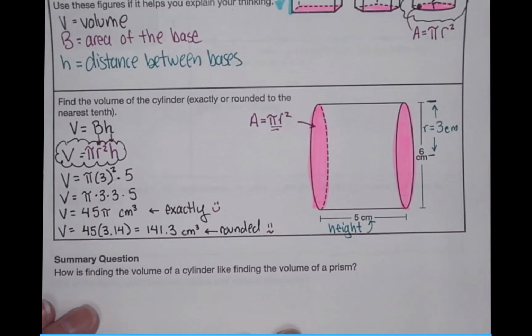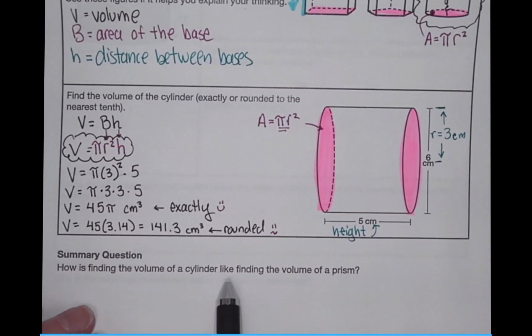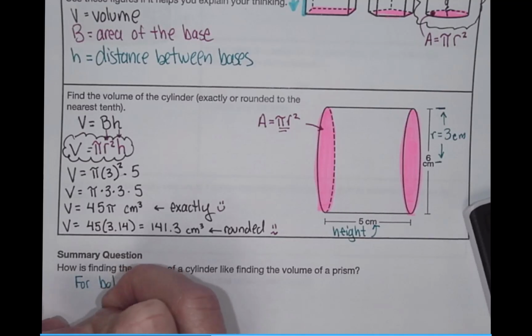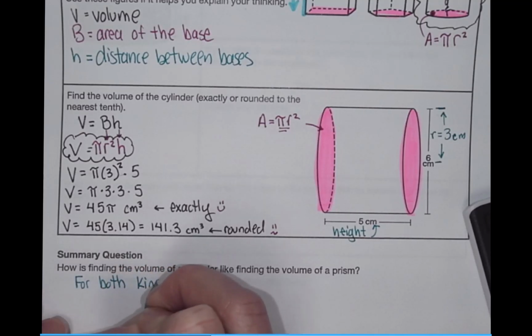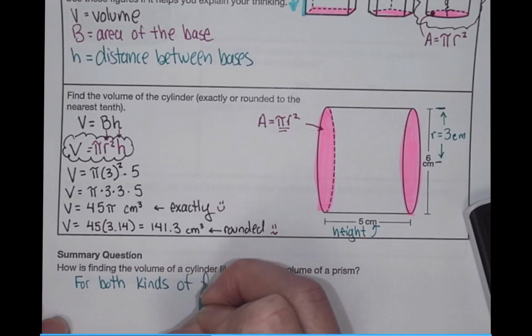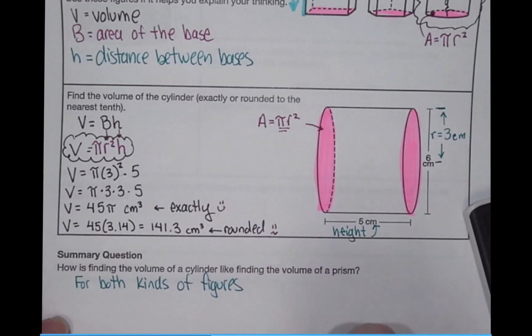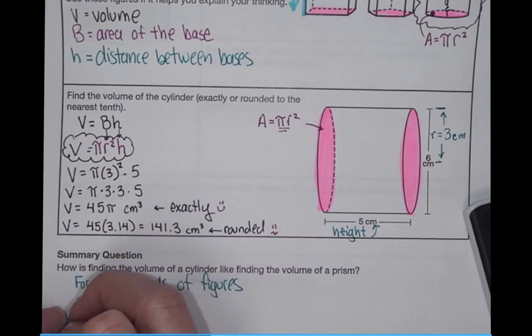All right, well, this is a good start. How is finding the volume of a cylinder like finding the volume of a prism? Well, for both kinds of figures, you multiply the area of the big base by the height.